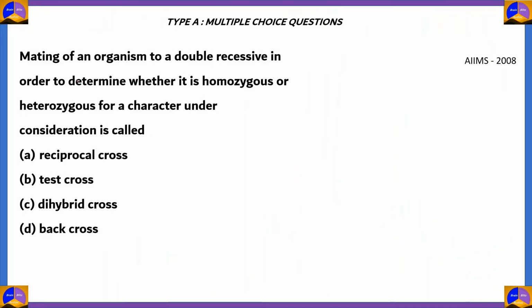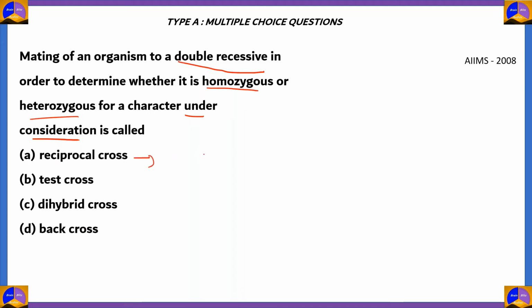Next question. Mating of an organism to a double recessive in order to determine whether it's homozygous or heterozygous for a character under consideration is known as reciprocal cross, test cross, dihybrid cross, or back cross. Let's look at each of our crosses.